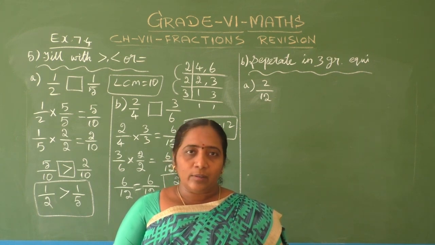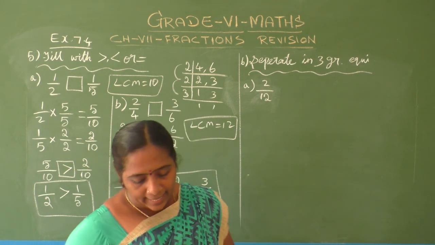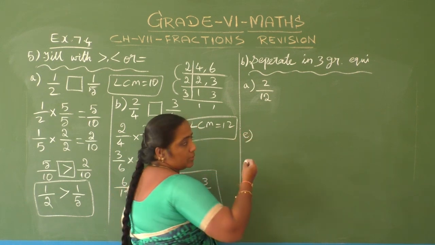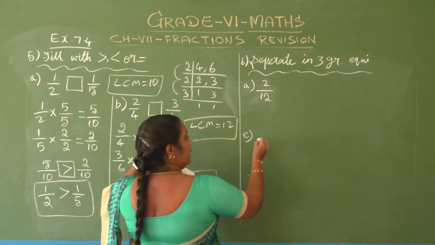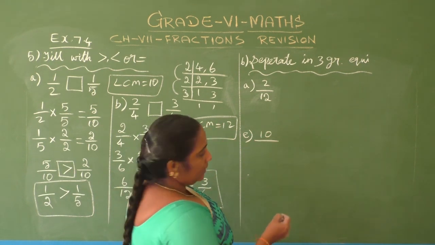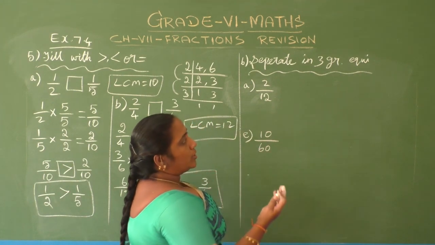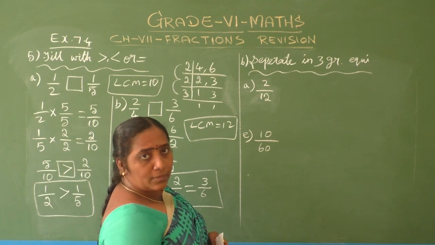Today I select only one group of sums. So I select the A sum and the E sum, because these 2 sums come under the same group. E sum is 10 by 60. I reduce these sums and get the final answer, and both answers will come the same.